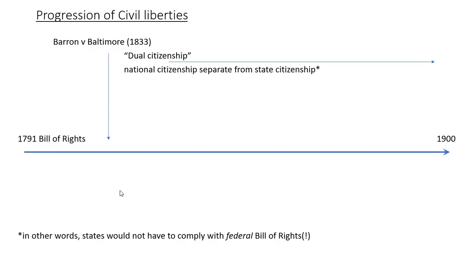The Fifth Amendment only prevents the federal government from taking your property. So this is quite an interesting development, and this is going to progress over the entire century into somewhat of a dilemma.